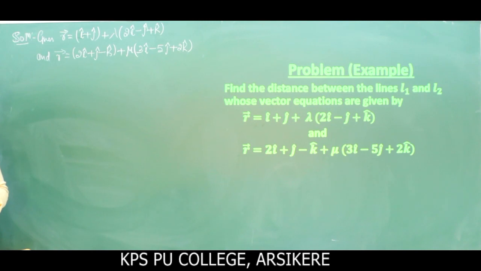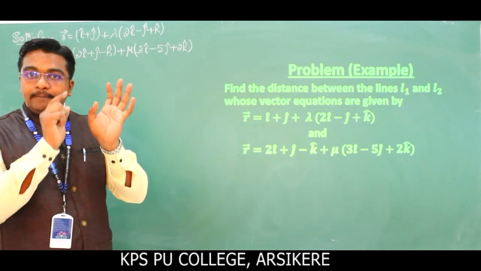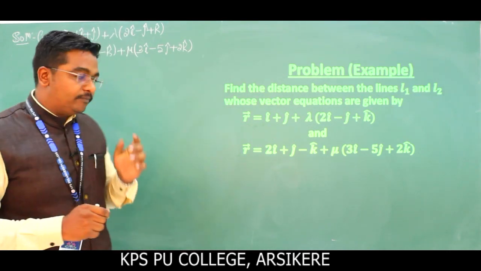These are the given two lines. First compare. What important parameters do we obtain here? We have to take b1, b2 and a1, a2.